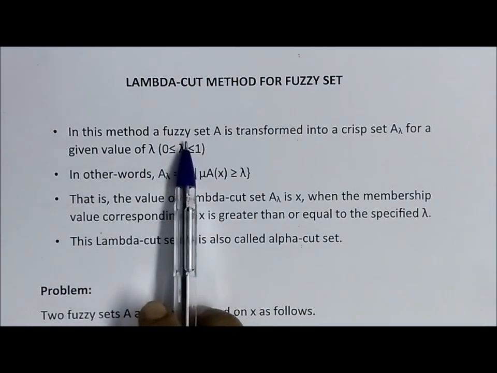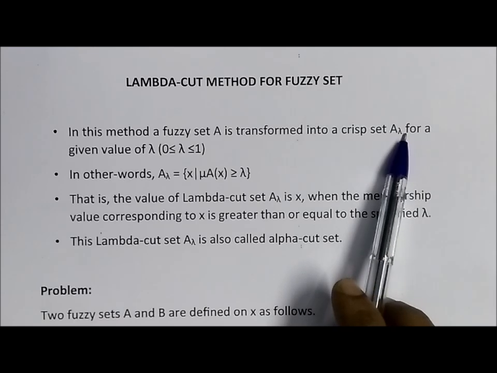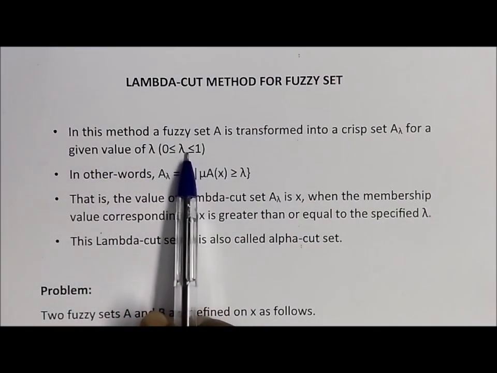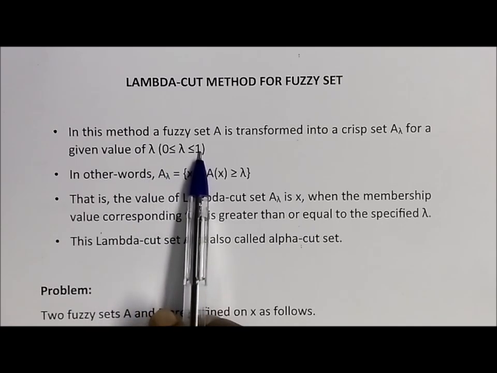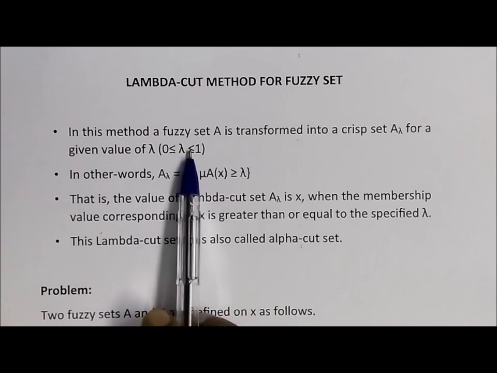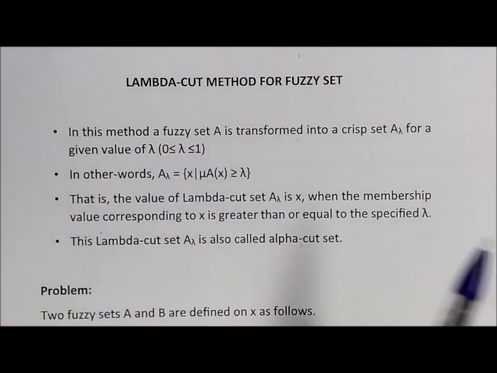In this method, a fuzzy set A is transformed into a crisp set A lambda for a given value of lambda, where lambda lies between 0 and 1, that is, it should be greater than or equal to 0 and less than or equal to 1.